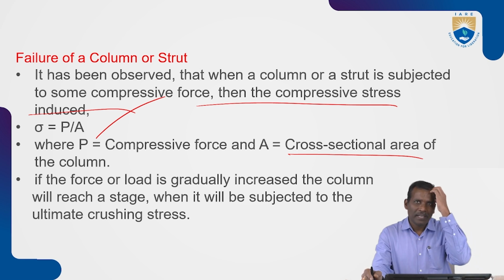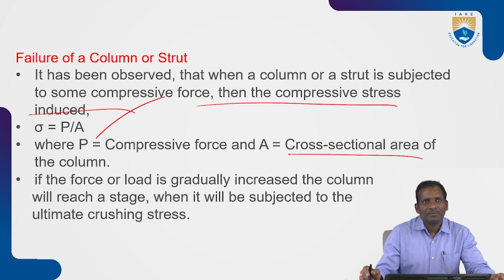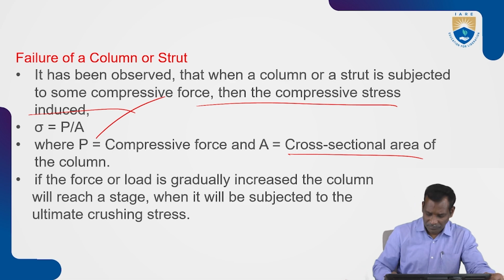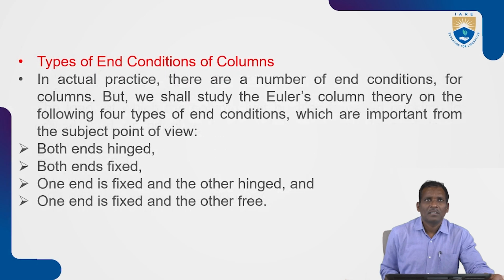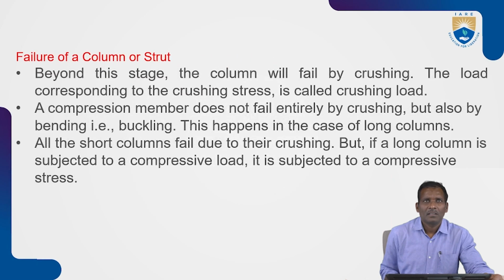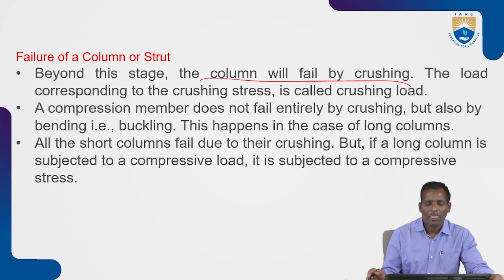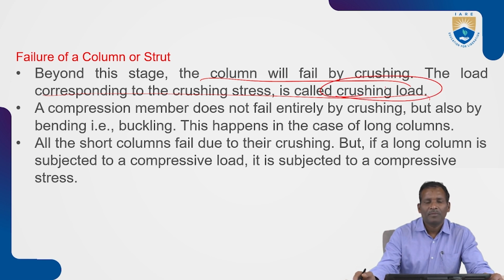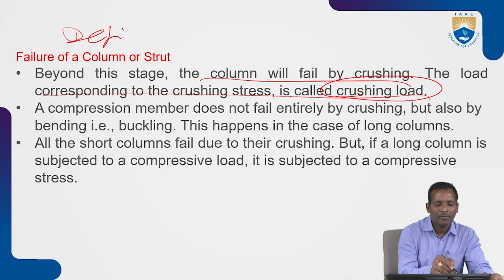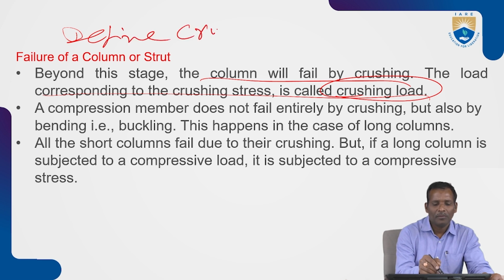If the force or load is gradually increased, the column will reach a stage where it is subjected to the ultimate crushing stress. Beyond this stage, the column will fail by crushing. That load is called the crushing load. So, the important definition: define crushing load.